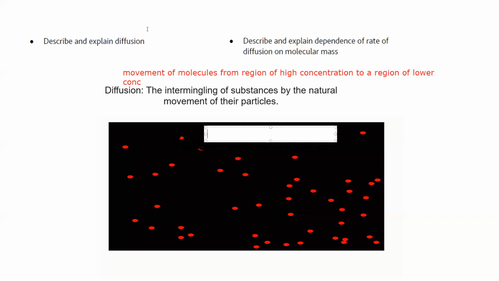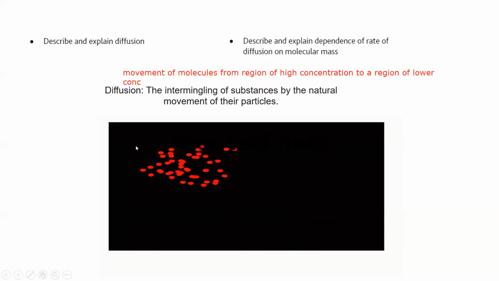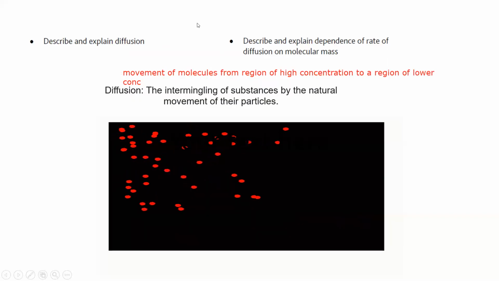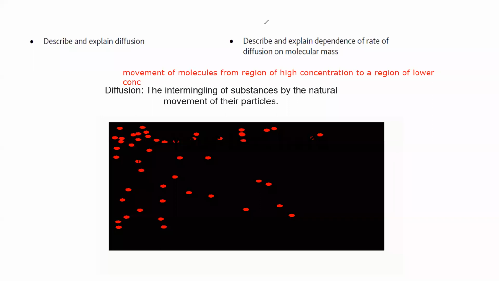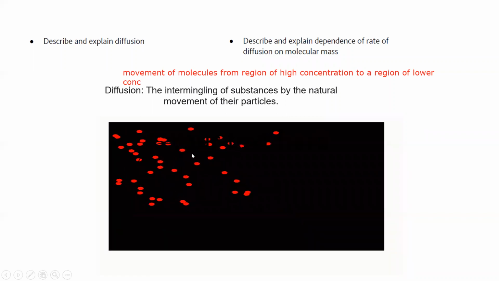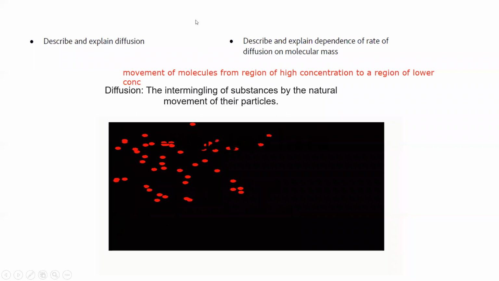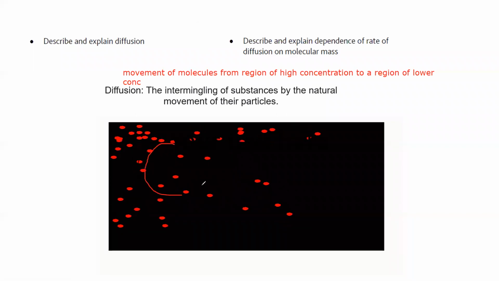So in the beginning, at the start, what you will see is that the particles are closer. When the particles are closer, that is a region of high concentration. Initially we had more particles in a unit volume, so we call this a region of high concentration.